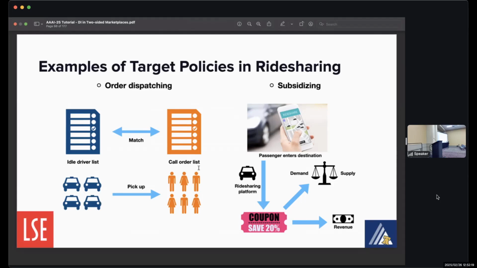This figure visualizes an example of passenger side subsidizing policies. Suppose you open the app of a ride-sharing company and enter the destination. There is some chance that the company might send you a coupon to encourage you to order that particular ride, for the purpose of balancing demand and supply.